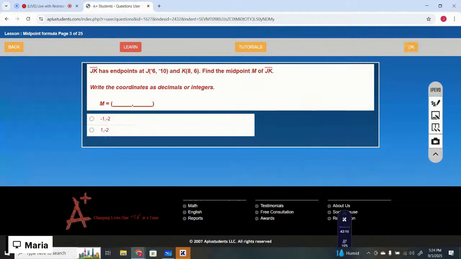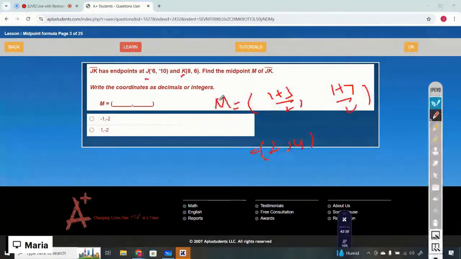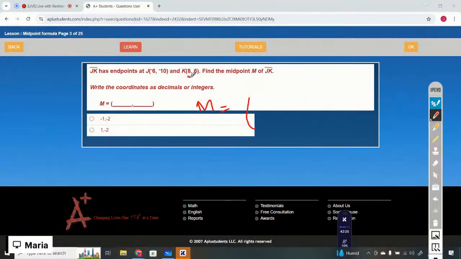J is negative 6, negative 10 and K is 8, 6. Find the midpoint M of JK. The midpoint is x1 plus x2 over 2. That is 8 minus 6 over 2, right?